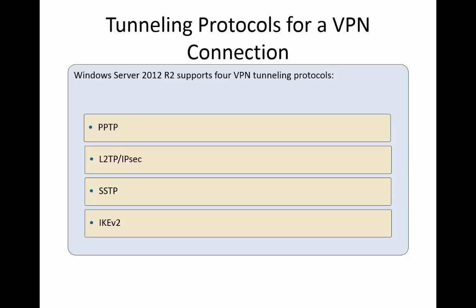And so company B supports PPTP, and it's trying to make a connection with that protocol to the company A network. And company A says, hey, I support L2TP and IPsec. Do you have that? And company B says, no, I just have PPTP. So company A says, hey, upgrade your security measures. L2TP/IPsec is very strong.